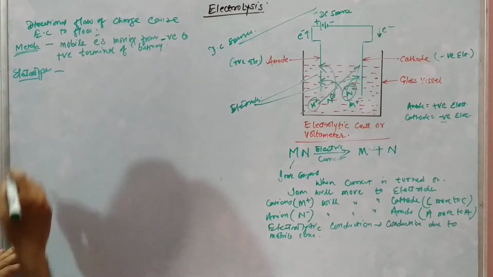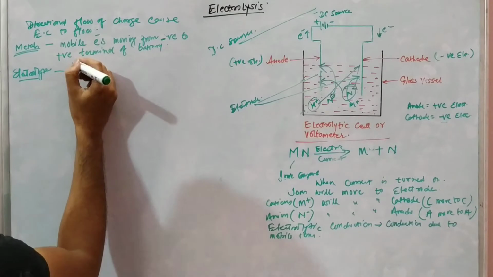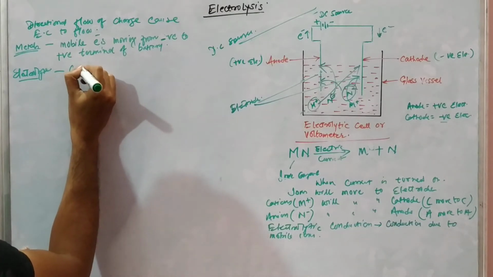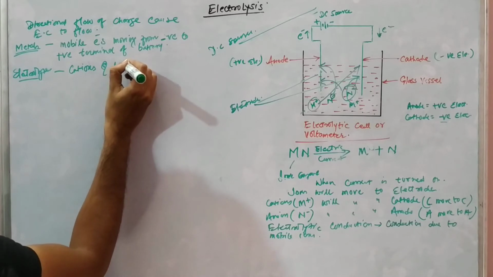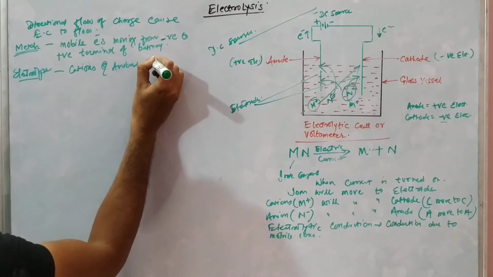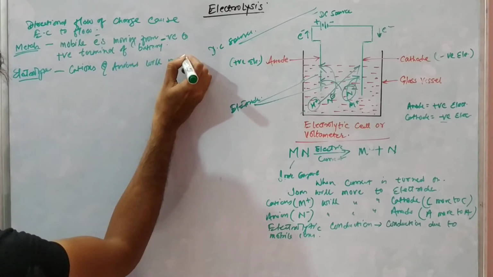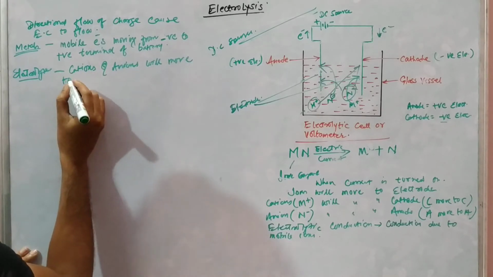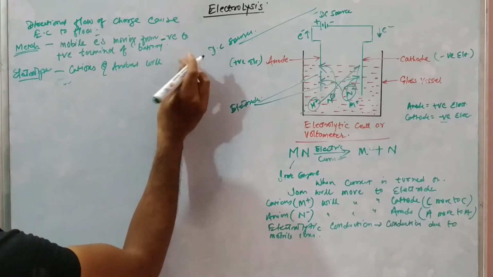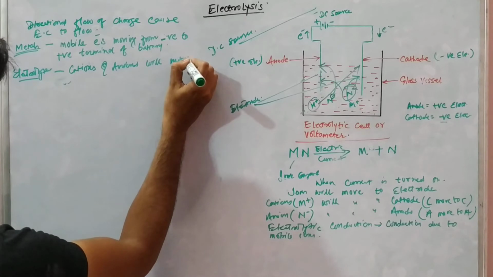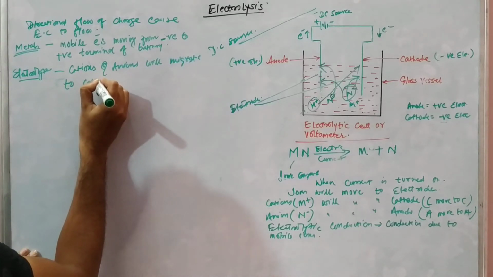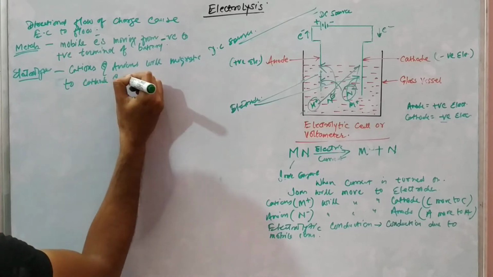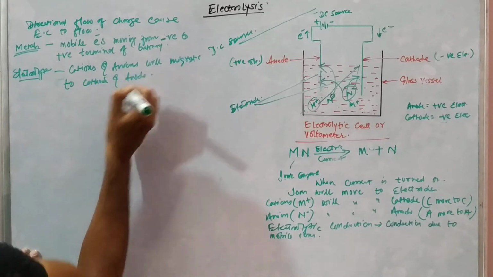In case of electrolytes, cations and anions will move, better we use this word, will migrate to cathode and anode, right?